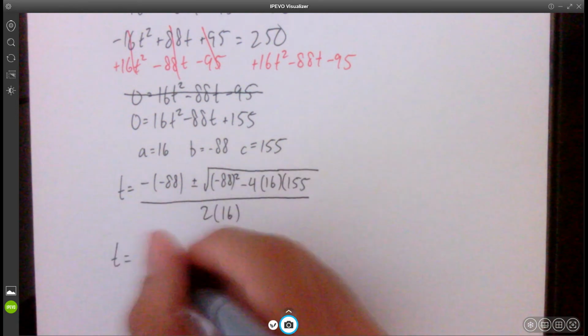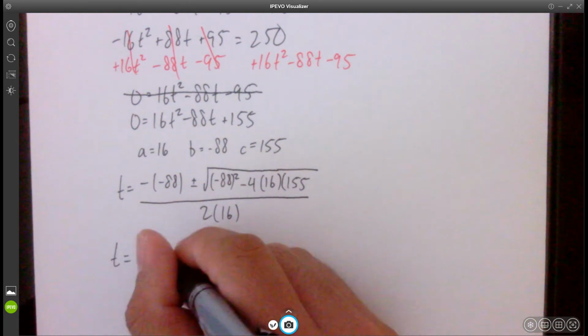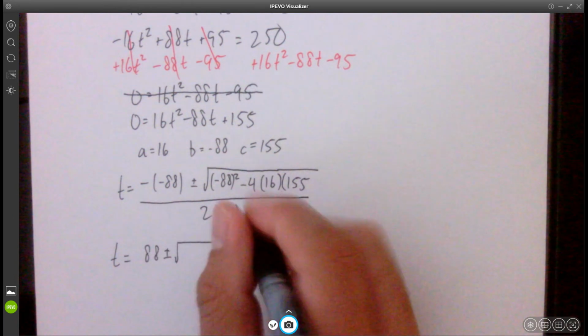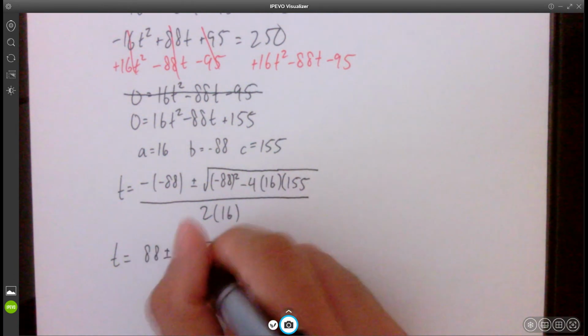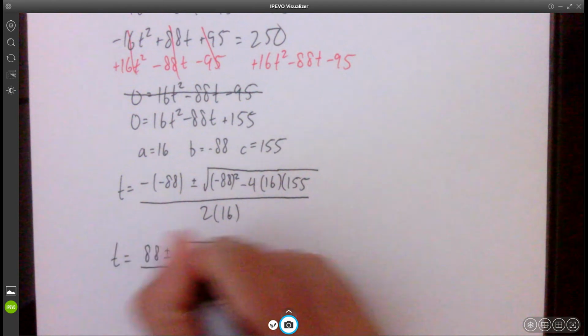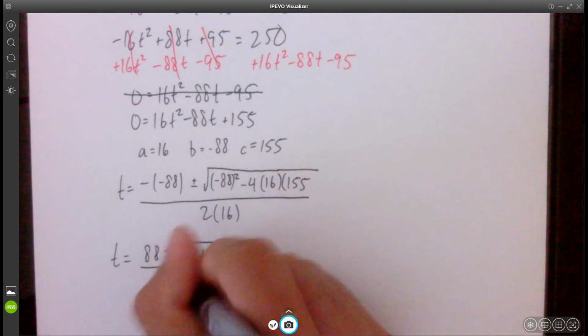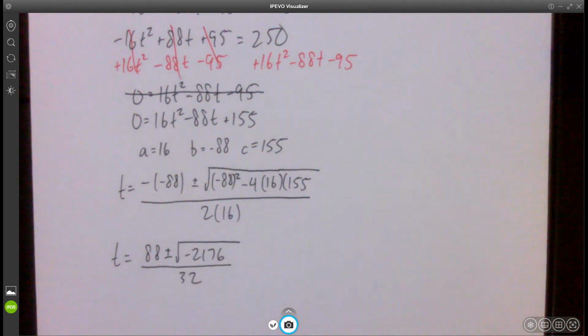If you simplify this, we get that t is equal to 88 plus or minus the square root of negative 2,176 all over 32.